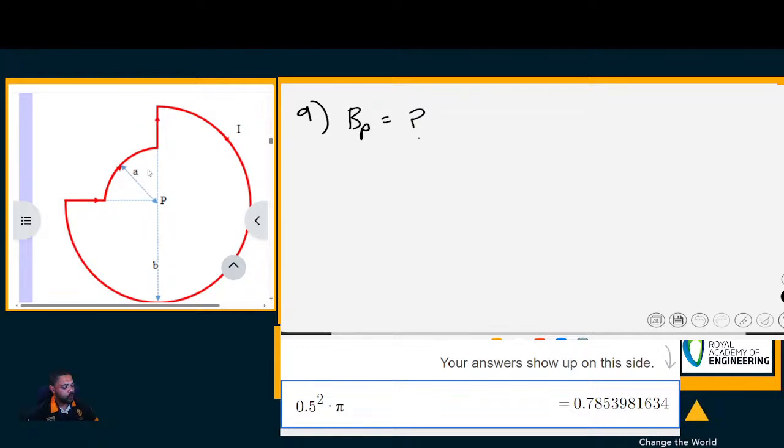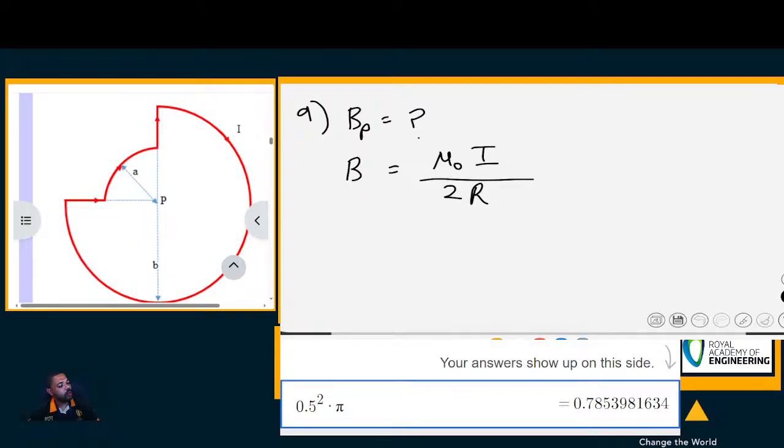First of all, how do we calculate the magnetic field at the center of a circle? This is how we do it. The magnetic field at the center of a circle is equal to, and this is the easy formula derived from the Biot-Savart law, mu naught times the current, so the permeability of free space times the current, divided by 2 times the radius.